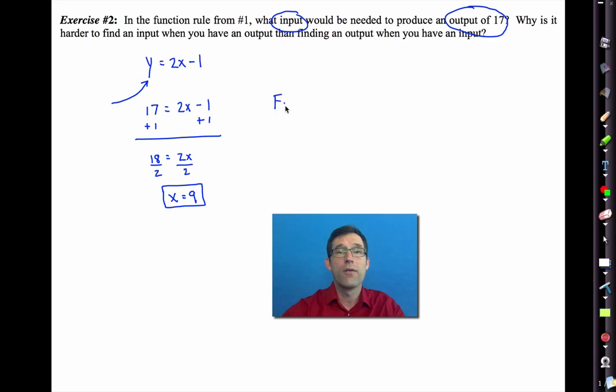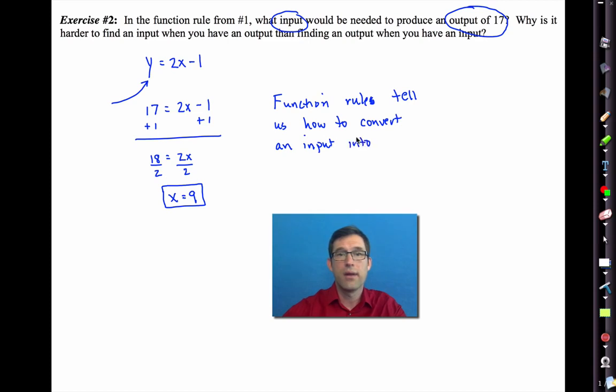So function rules, and they do rule, function rules tell us how to convert an input into an output, not the other way around.